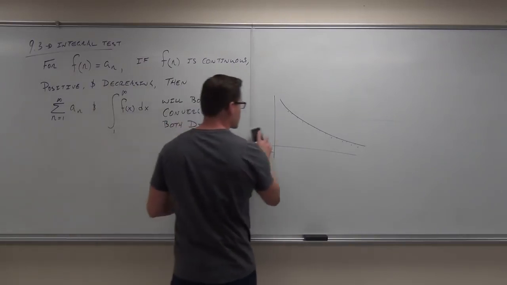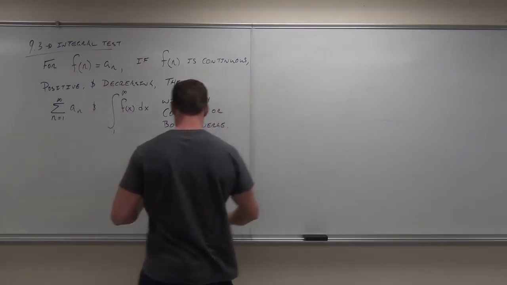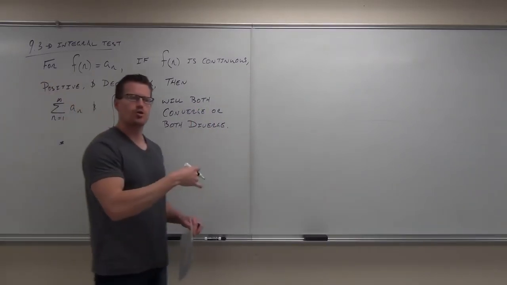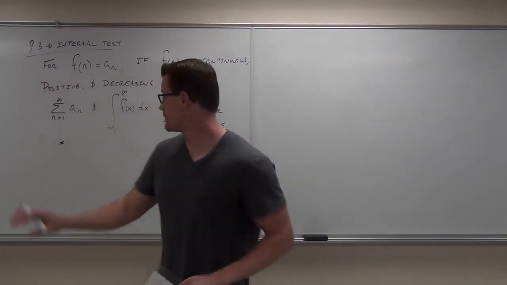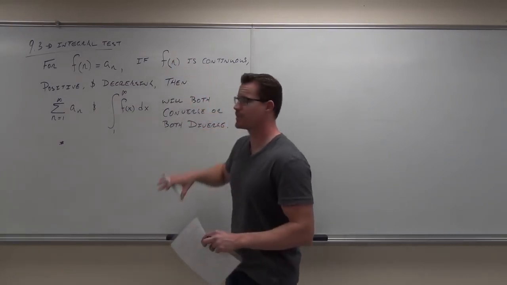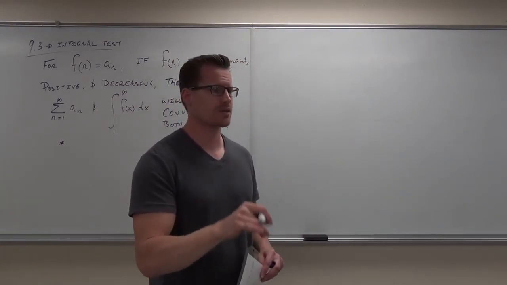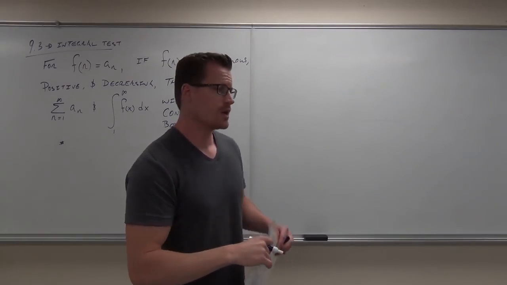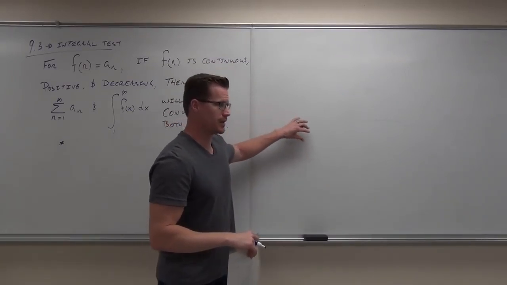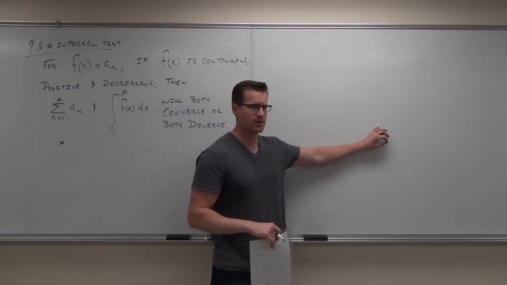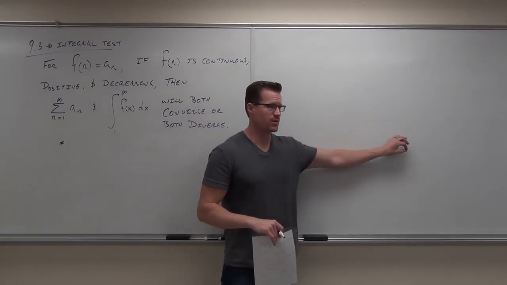Now a couple key notes that I want to tell you about. First key note. This will tell you about convergence or divergence if you make this happen, but it will not necessarily give you the sum. So if you do the integral, and the integral equals some number, you go, hey, it converges. That's great. Is the number it converges to the sum of your series?